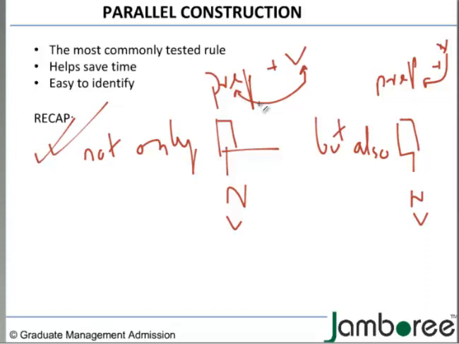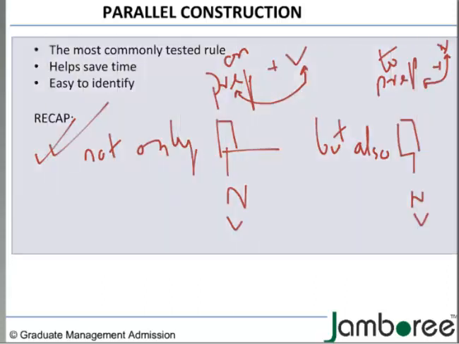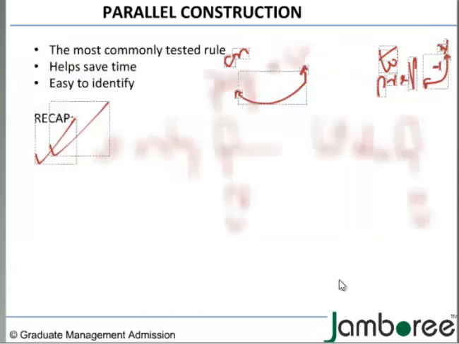If the form is preposition plus verb, a lot of students look after but also for the same preposition, but you don't need the same preposition. It can be a different preposition. So after not only, if you have on, let's say, you don't need an on here, right? It can be a to also. It depends on which verb. So these are some higher level formations, but you have to keep your eyes open for this.